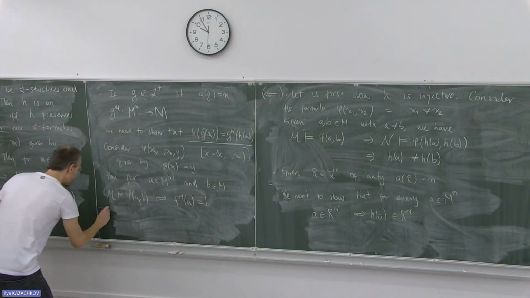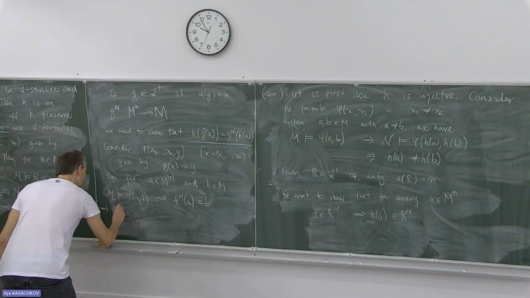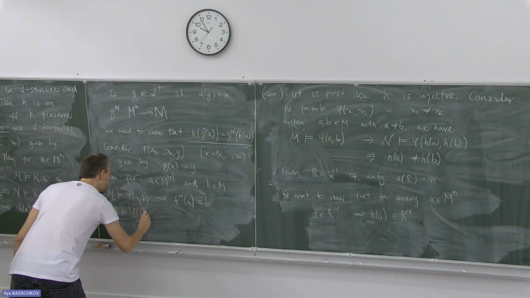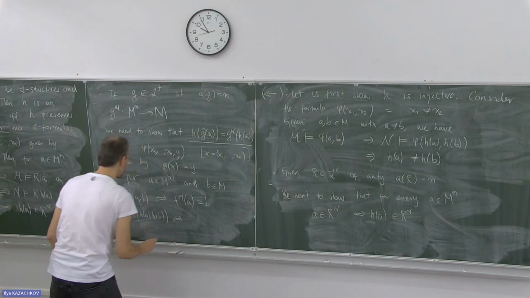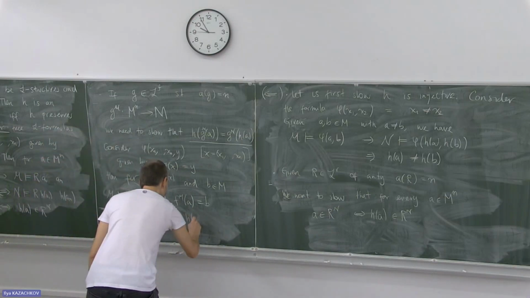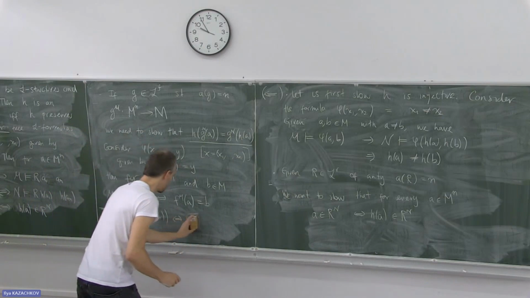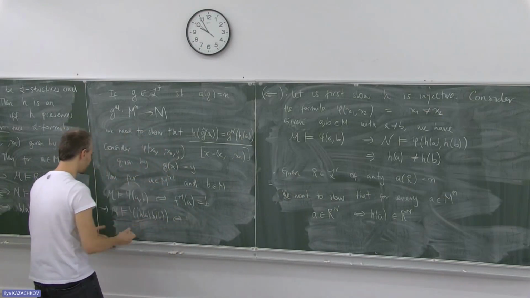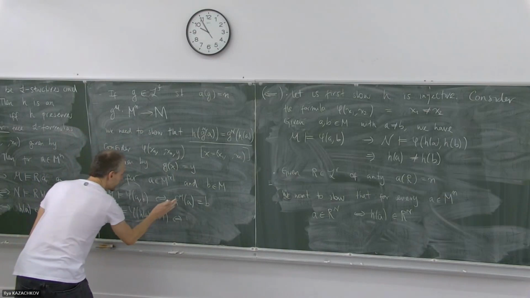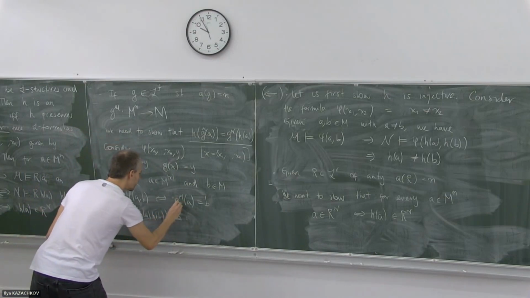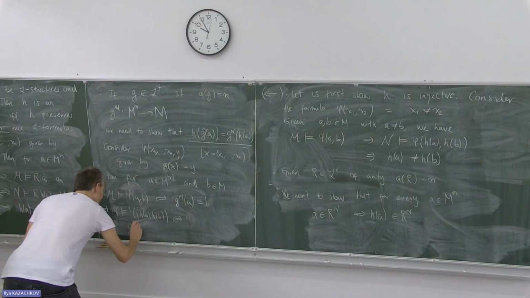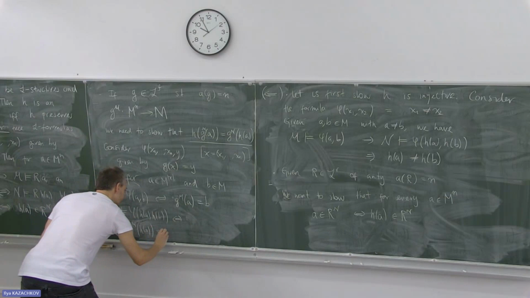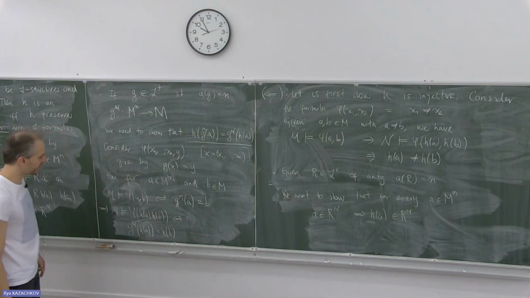But since h preserves formulas, this is equivalent to N satisfying phi of h of a, h of b, which is equivalent to saying g^N of h of a equals h of b, right?